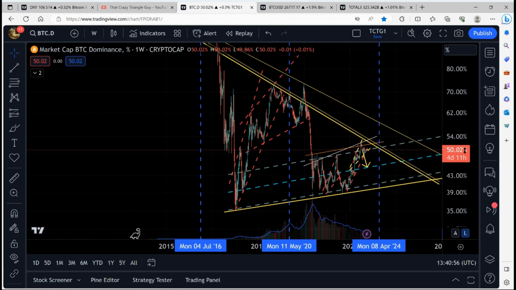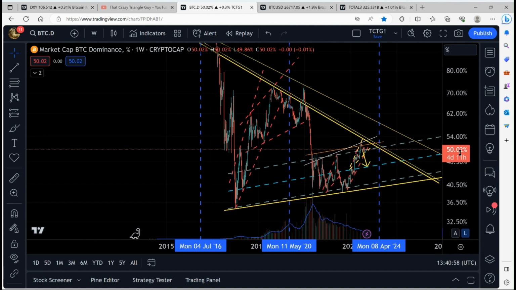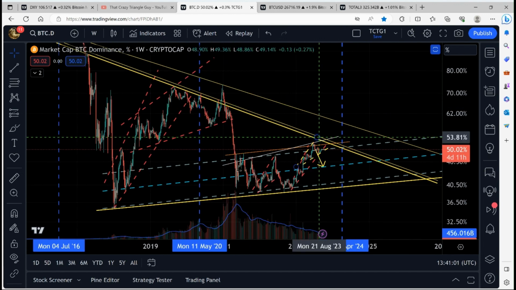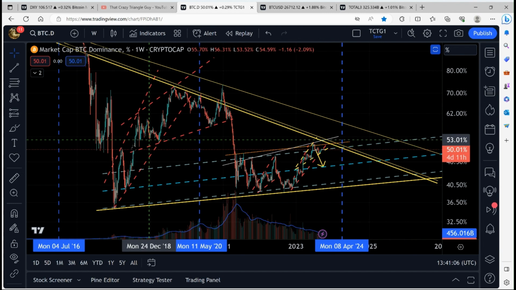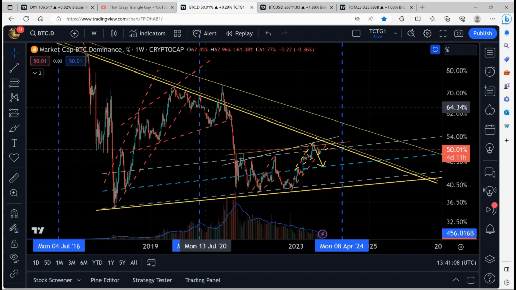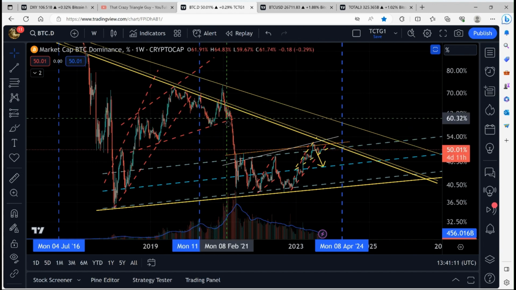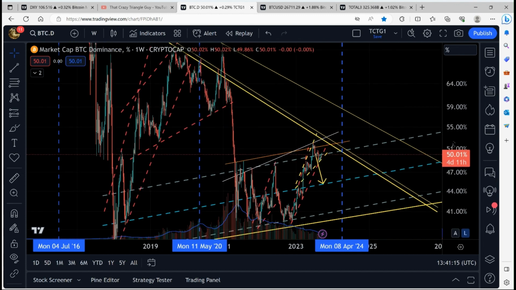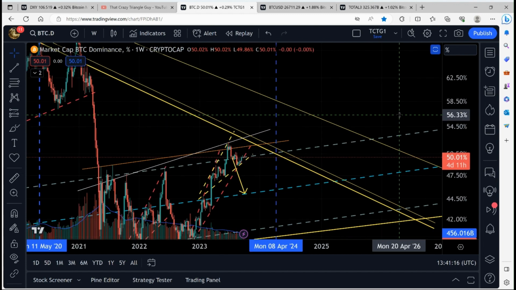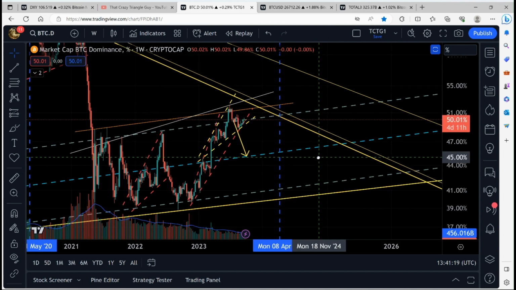Let's see if we go back even further. Well, this is really where dominance started with the other coins coming into the market. And then we dump out of the cup. And it doesn't really seem to matter too much what stage of the cycle we are in.